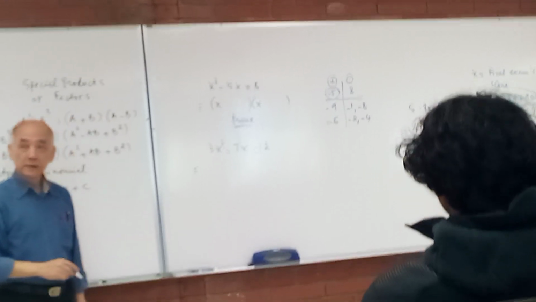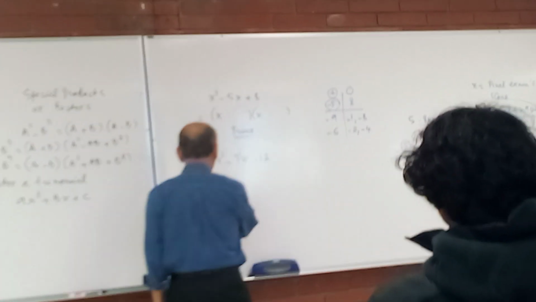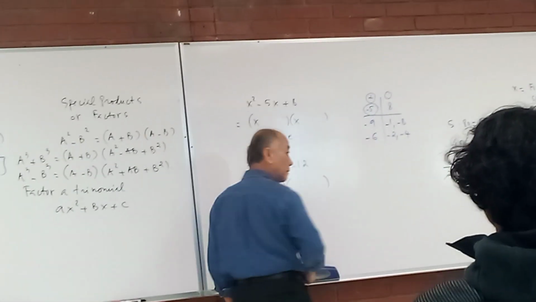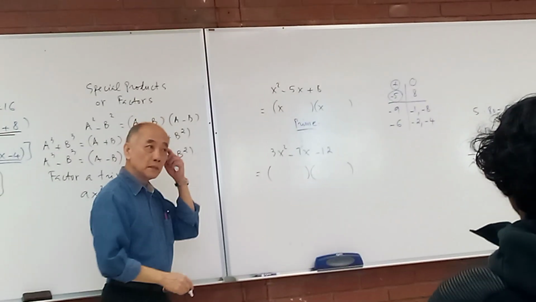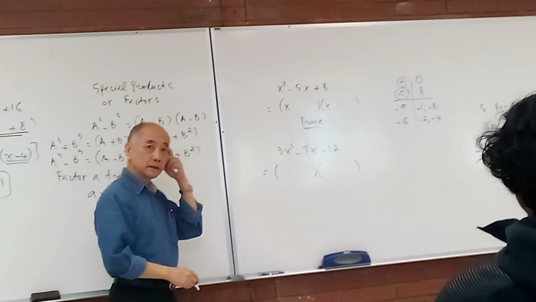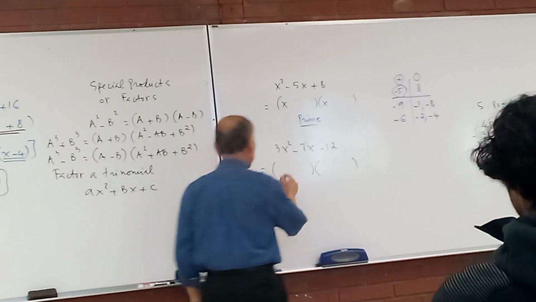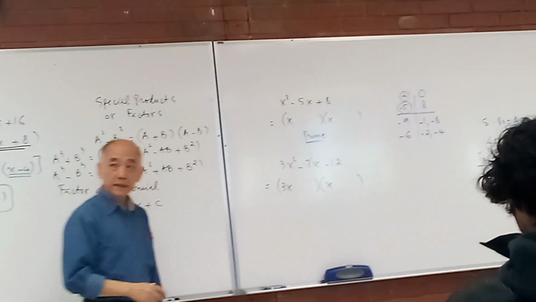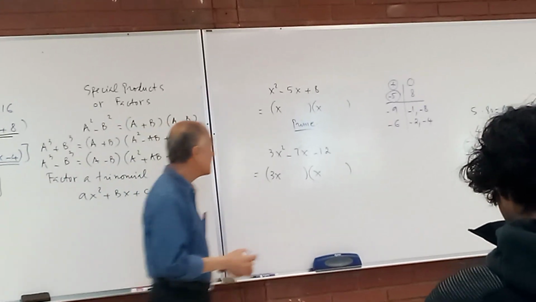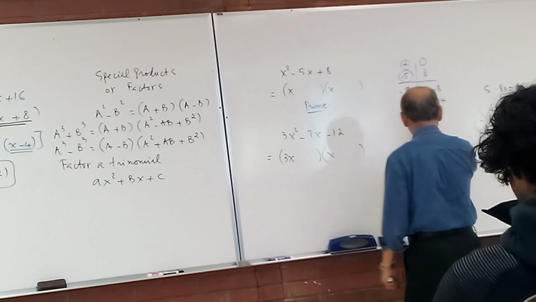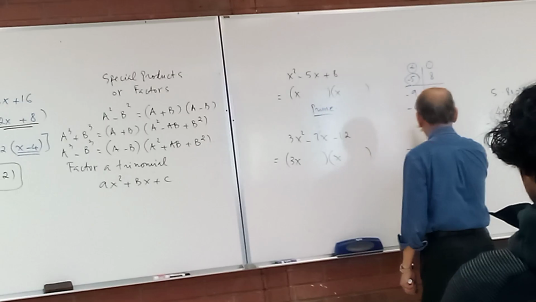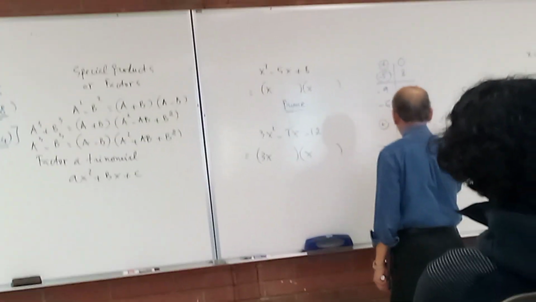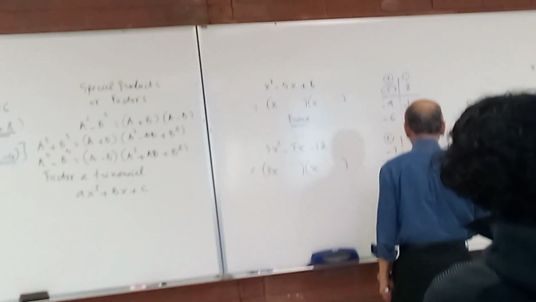What could be the first terms of the two binomials? 3x and x. Because 3x times x is 3x squared. Then we just make a table like the previous one. The product is -12 and the sum equals -7.